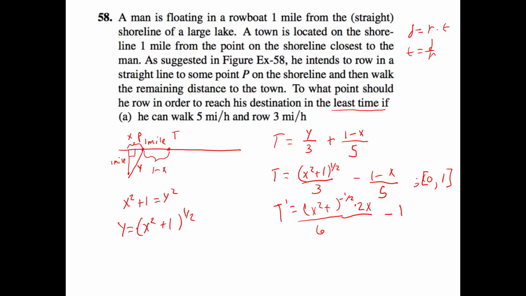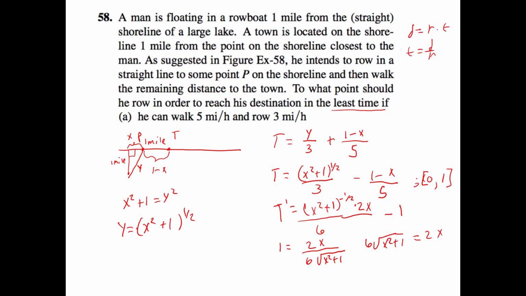Set it equal to 0, so we'll put this 1 over here, and then we will have 2x over 6 times the square root of x squared plus 1. Multiply both sides by the 6 times the square root of x squared plus 1, and we will get 6 times the square root of x squared plus 1 needs to equal 2x.